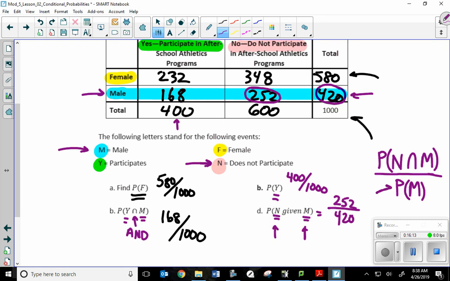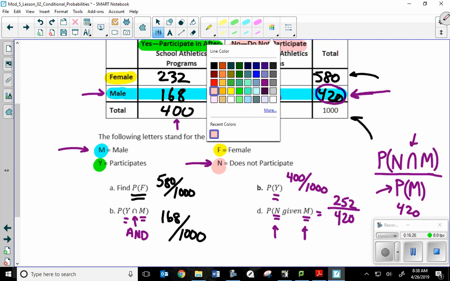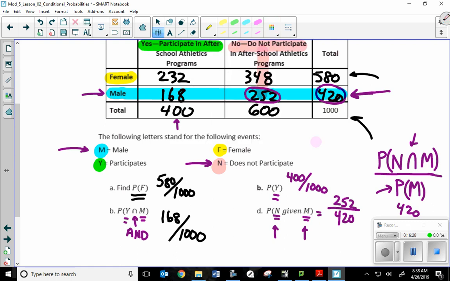What are all the males? Well, 420 are males. That would still go down here. And what are both not participating in sports and males? Well, here are the not participating in sports. And you know the blue is males. So here's the intersection. It's 252. It still works. 252 out of my 420, which is what we got.